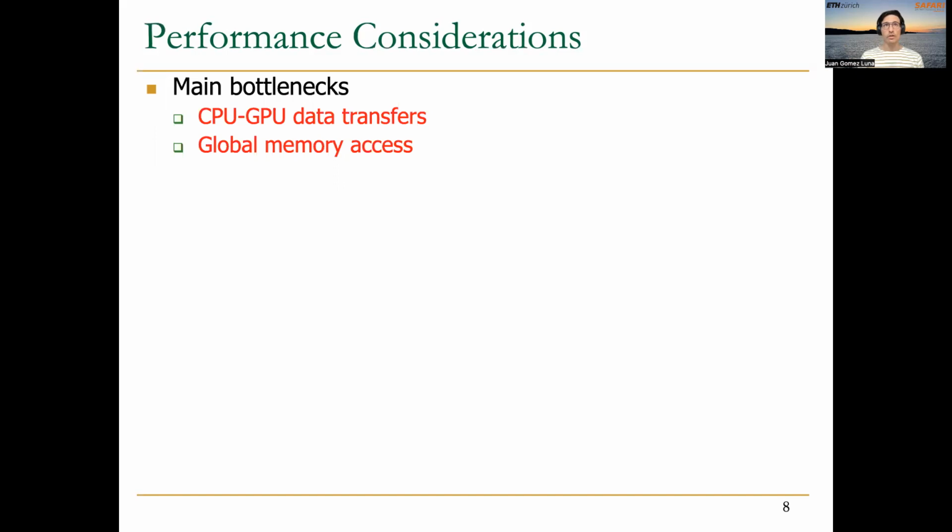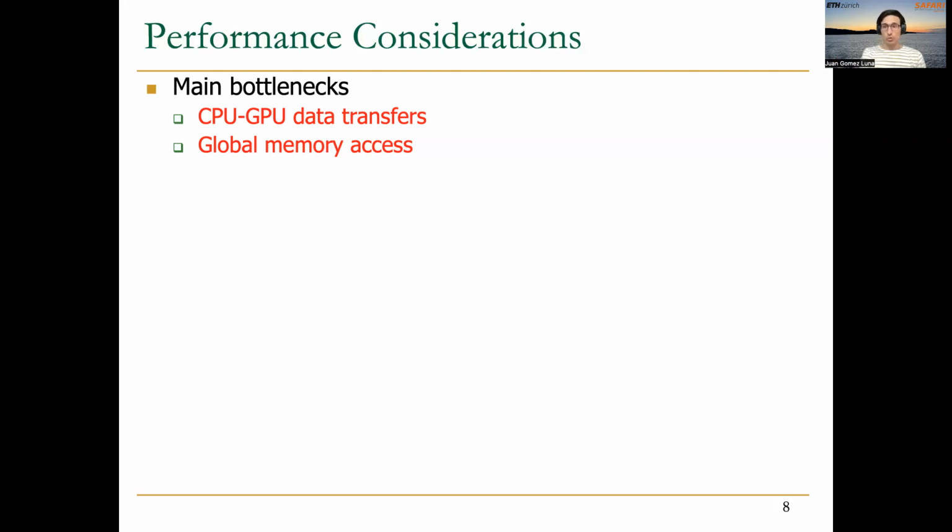In the first case, for CPU to GPU and GPU to CPU data transfers, the inherent bottleneck is that we need to move data over some bus whose bandwidth is increasing over generations, but is still limited as compared to the access to data in memories like the main memory of the CPU or the global memory of the GPU.